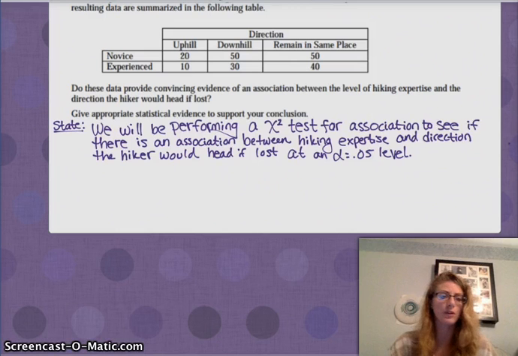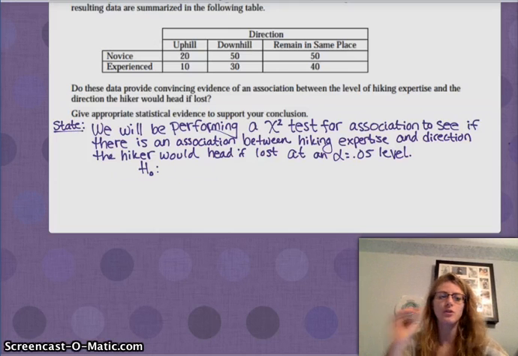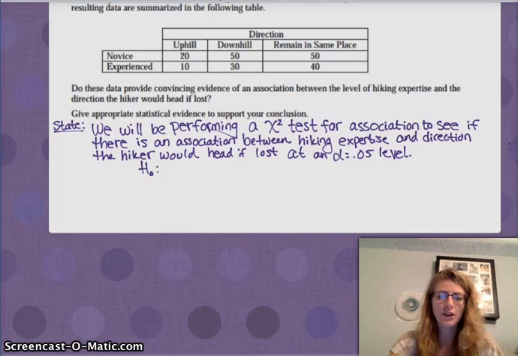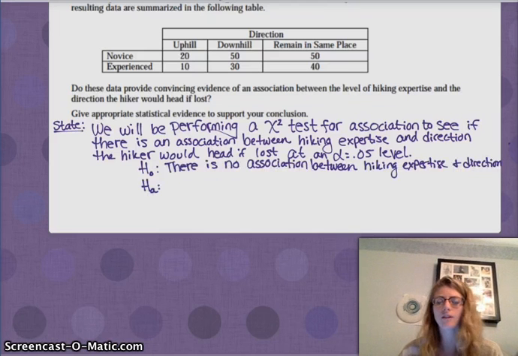We also have to include our hypotheses. A null hypothesis is always that there's no change, or there's no association, or no difference. So in this case, our null hypothesis is that there's no association between hiking expertise and direction. Then our alternative hypothesis is that there is an association between hiking expertise and direction.